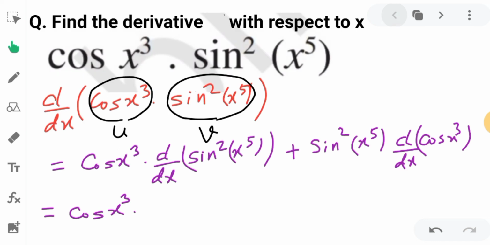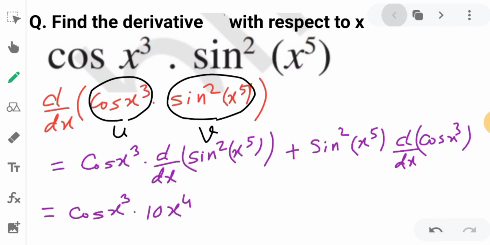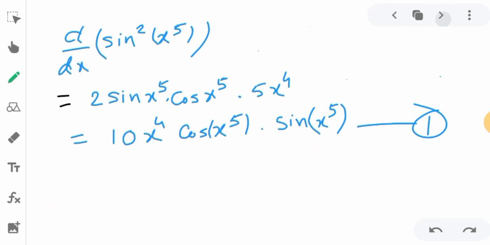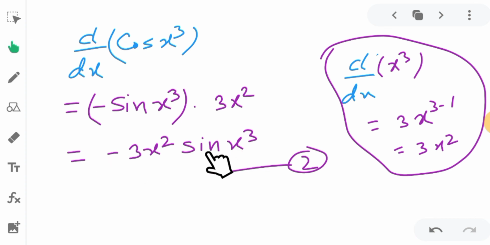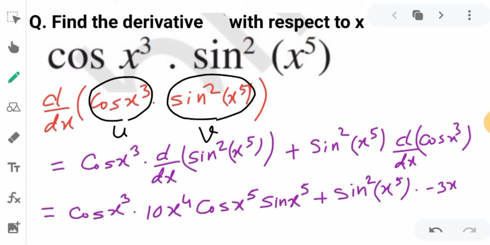So 10x to the power 4, and then cos x to the power 5 into sin x to the power 5, and plus sin square x to the power 5 into cos x cube derivative is minus 3x square sin x cube.